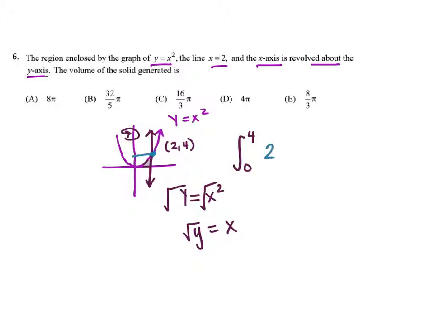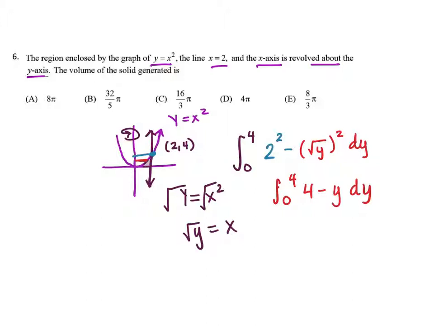So we're going to have 2 squared minus, and then little r is going to be this portion inside here. So that's going to be the square root of y minus 0, or square root of y squared, and then dy. So we are integrating from 0 to 4 of 4 minus y dy.